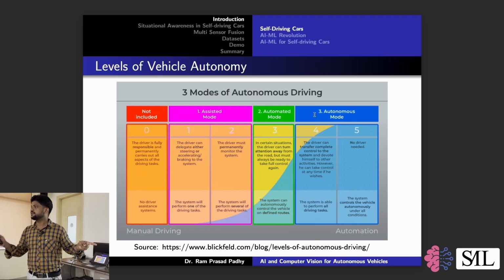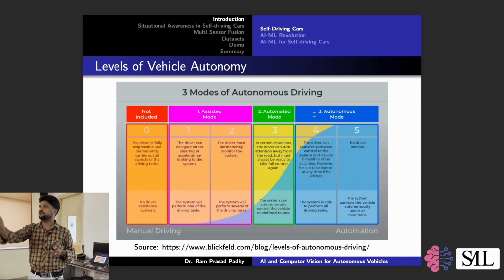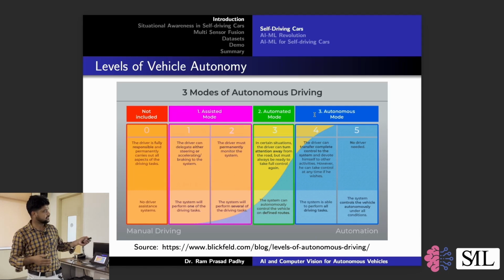These three things are very important to us. So in level 1 autonomy, any one of the three tasks can be delegated to the system. The other tasks need to be done by the driver. So there would be a computer system which performs one of the tasks and the driver performs the other two tasks.